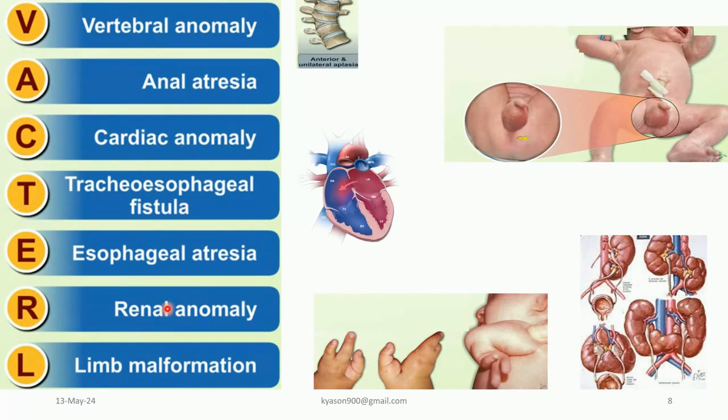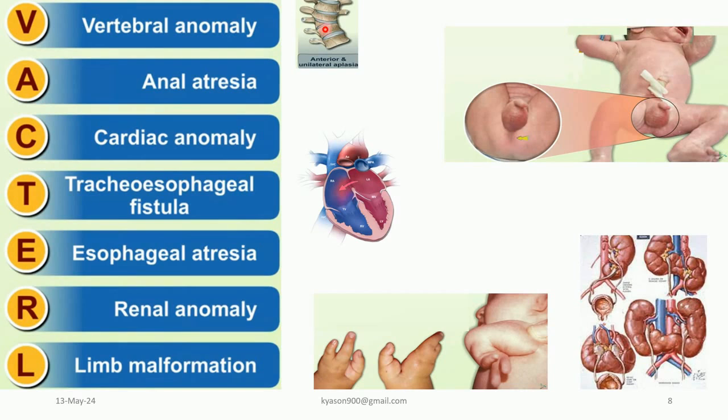This kid may be having a renal anomaly. It can be any abnormality. This neonate may also have some limb malformation, abnormalities in the extremities. This neonate may also have an abnormality in the skeletal system, mostly along the vertebral column.